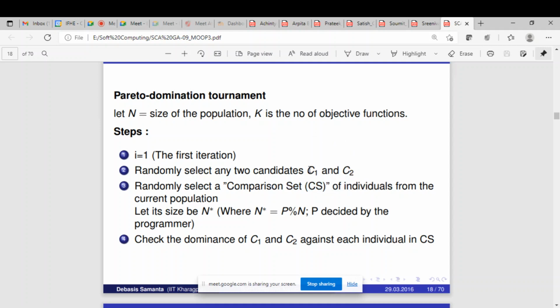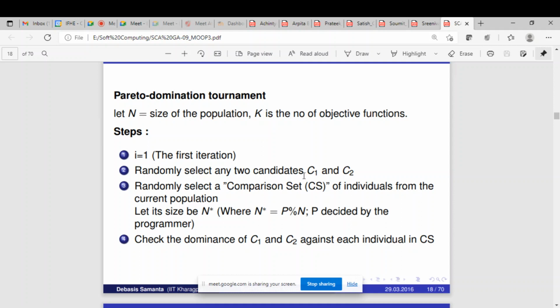Suppose C1 dominates everybody in the comparison set and C2 does not dominate every individual in the comparison set, then C1 will be chosen as the winner. If it is the other way around, that is, if C2 dominates everyone in the comparison set and C1 does not, then C2 will be chosen as the winner.